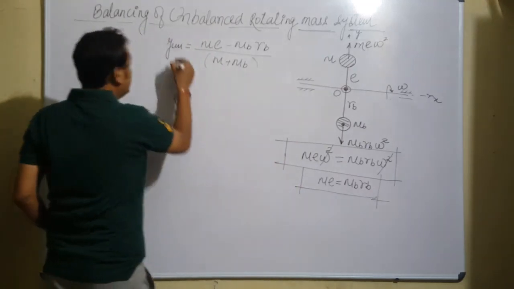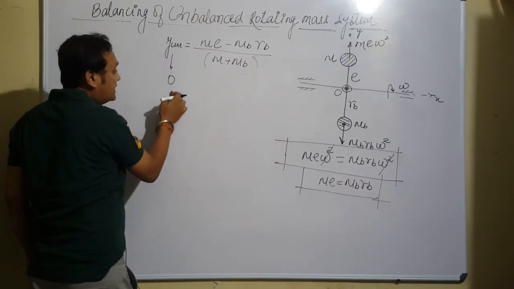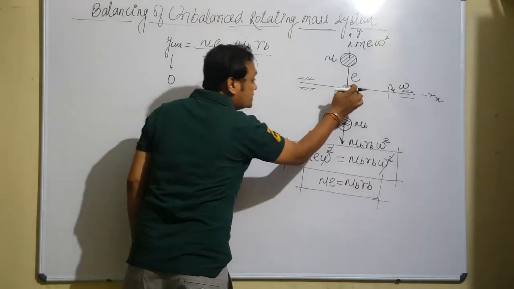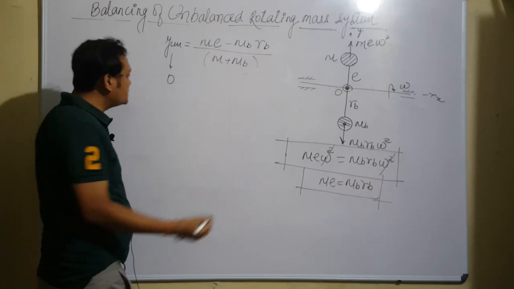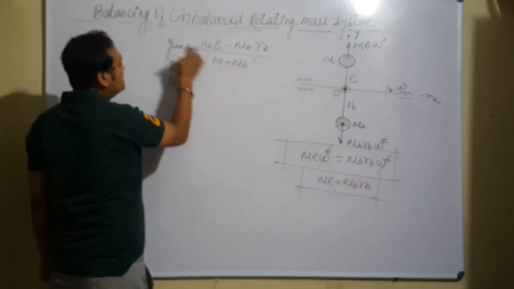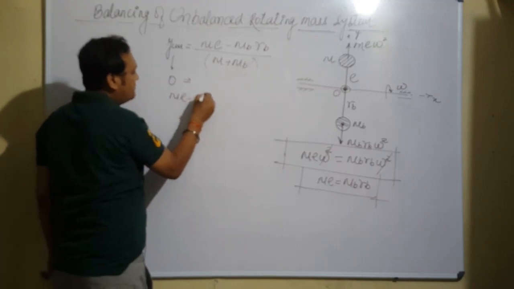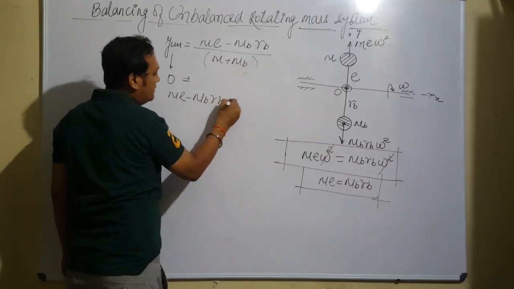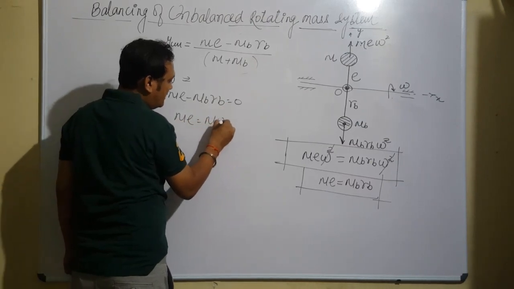That means what I want this quantity to be 0. And if you want this quantity to be 0, so that your center of mass will lie on the axis of rotation, what will be the condition? This becomes 0, these multiply will be 0, ME minus MBRB will be 0 or ME equals MBRB.